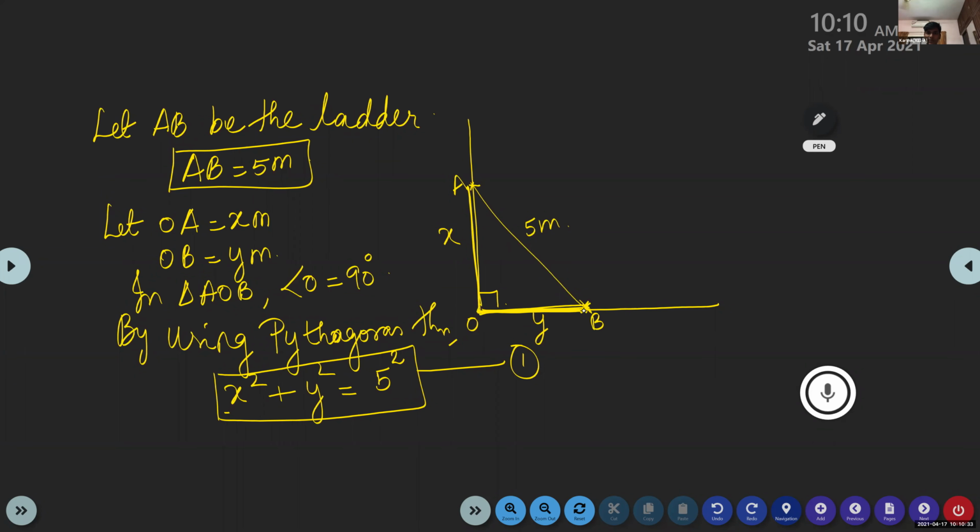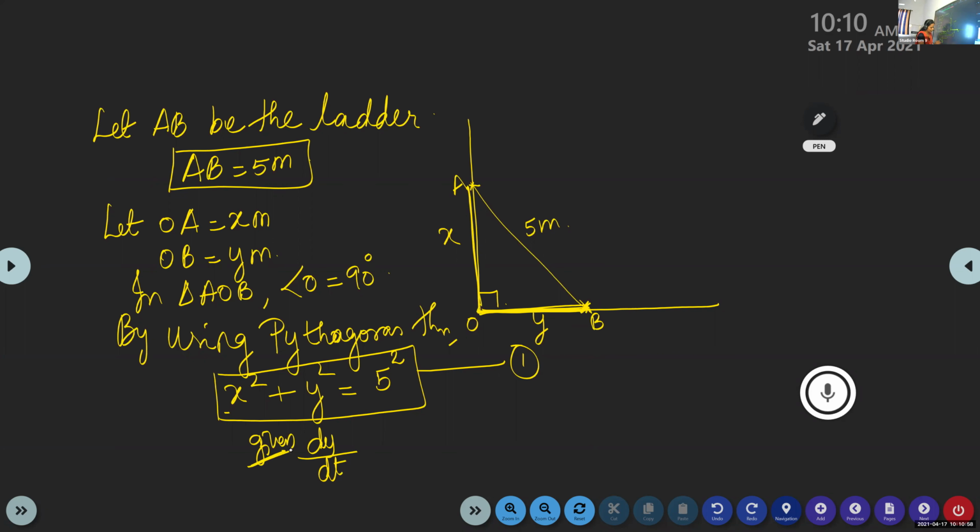Very good. When you pull it away from the wall, what happens? Y will be increasing. That is the rate of change of y. Is it clear? How will you denote it? dy by dt. So it is given.